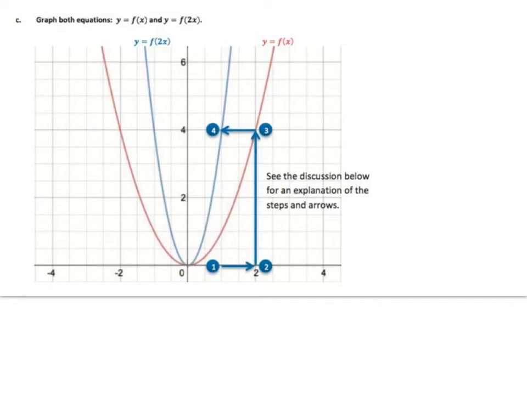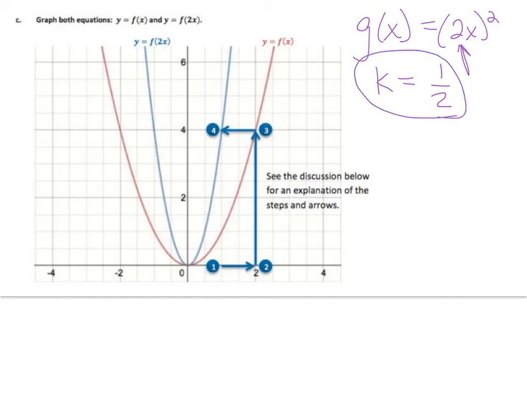What we actually see, I had g of x equals, in parentheses, 2x squared. That right there is a scale factor of 1/2. Like I said, horizontal is hard, so when it's inside the parentheses, I get my scale factor by taking 1 over the number that's in parentheses.